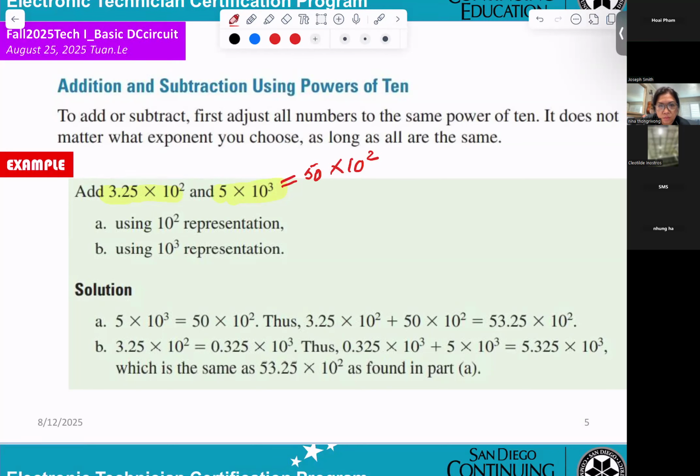Okay, either way, you want the same power of 2 or you want the same power of 3.